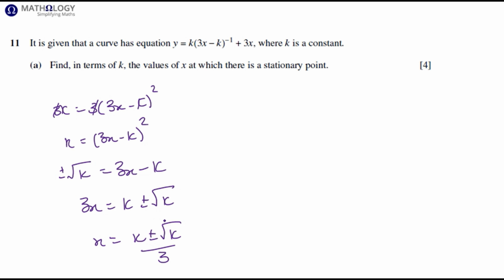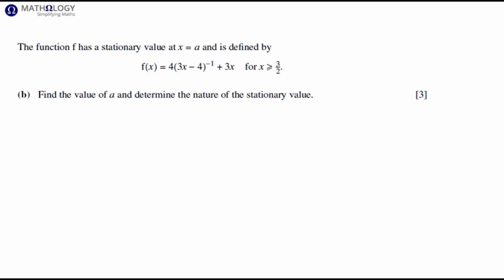The function f has a stationary value at x equals a and is defined by f of x equals 4 times (3x minus 4) to the minus 1 plus 3x, for x greater than or equal to 3 over 2. Find the value of a and determine the nature of the stationary value. Okay, so f of x equals 4 times (3x minus 4) to the minus 1 plus 3x.